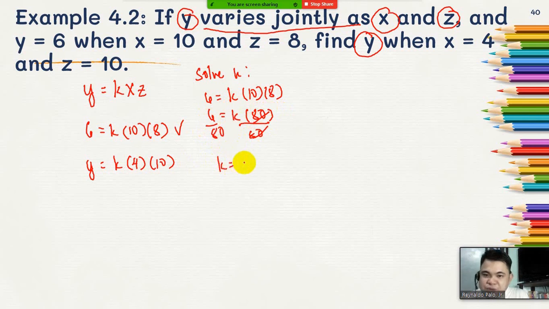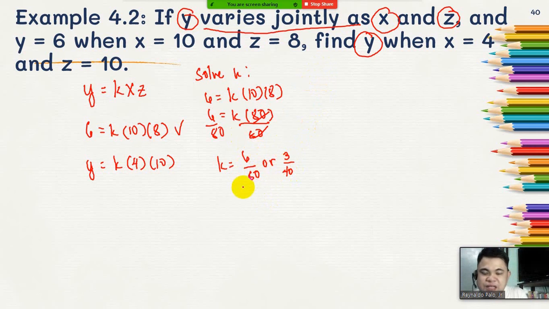So therefore, the value of k is 6 over 80, or, okay, so the greatest common factor is 2. So 6 divided by 2 is 3, and then 80 divided by 2 is 40. So k is equal to 6 over 80, or 3 over 40.